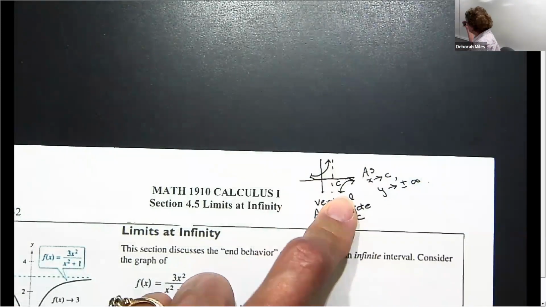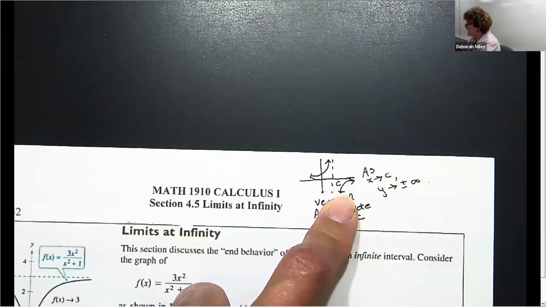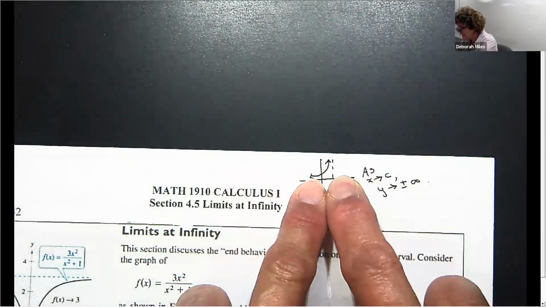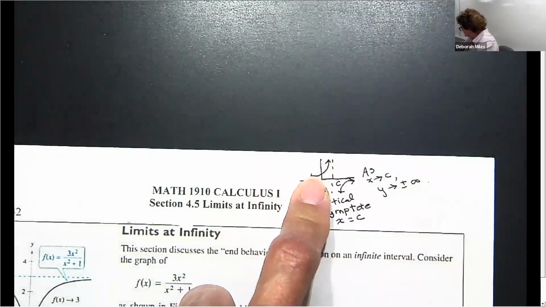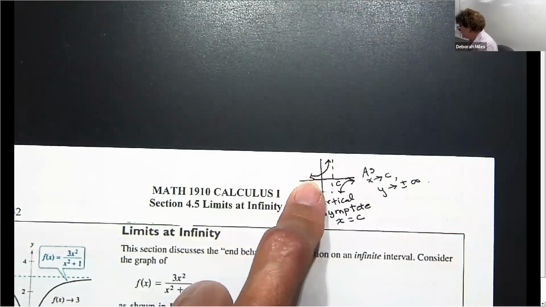And remember, that's not saying the limit exists. That's saying the limit does not exist and saying why. So if as x approaches c, my y's were getting infinitely big, we would write limit as x approaches c is infinity, but we were stating that the limit didn't exist, and telling specifically why.